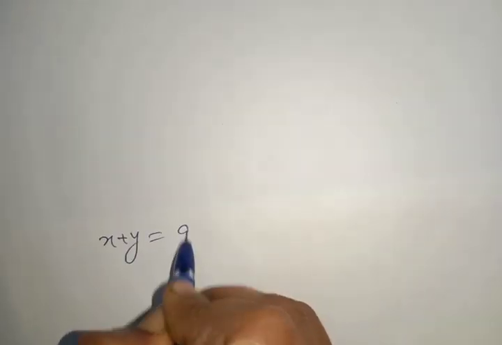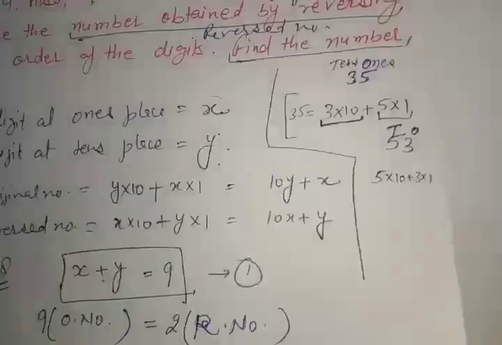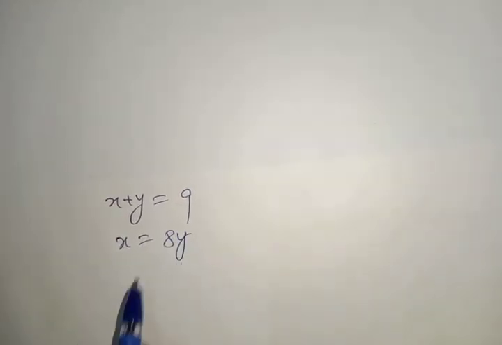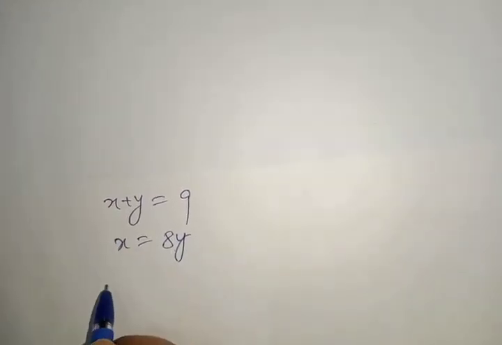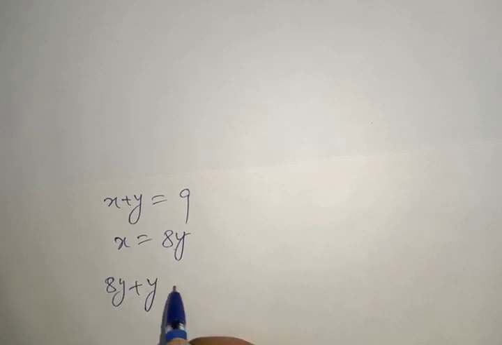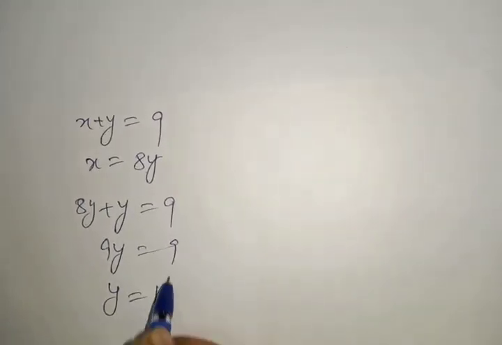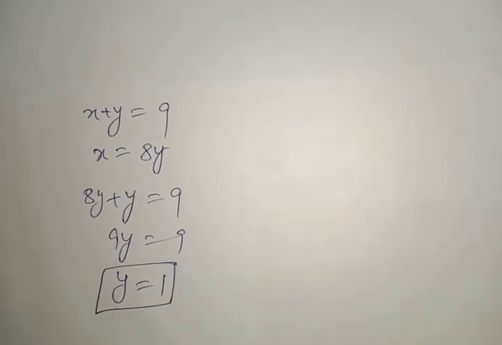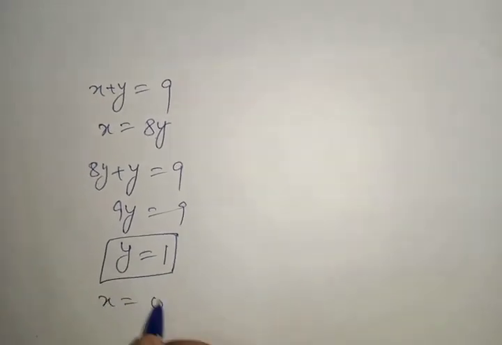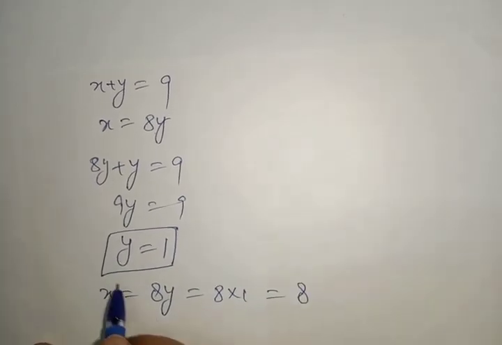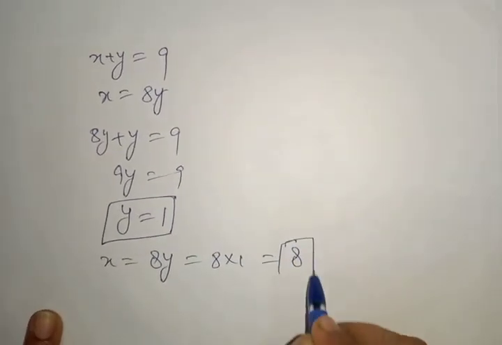So the equation is x plus y is equal to 9, and this equation is x is equal to 8y. Now substitute in place of this, it will become 8y plus y is equal to 9. 9y is equal to 9. So y is equal to 1. If y is equal to 1, x is 8y, which is equal to 8 into 1, is equal to 8. So x is 8 and y is 1.